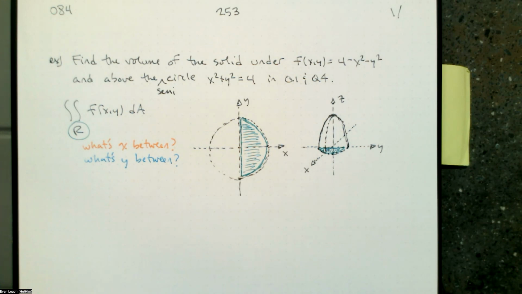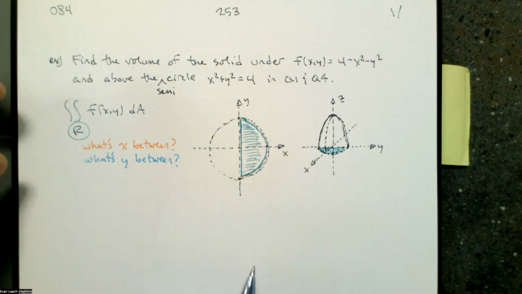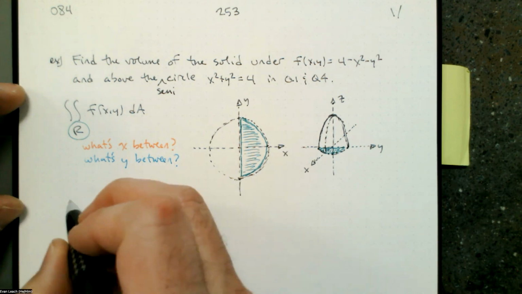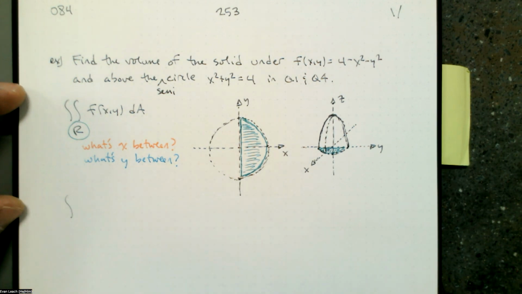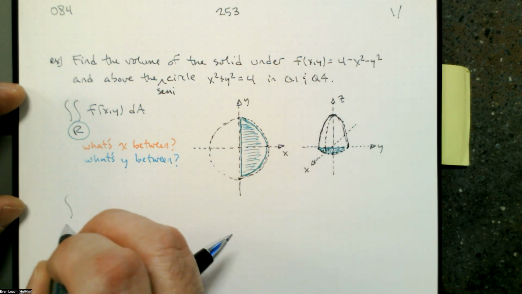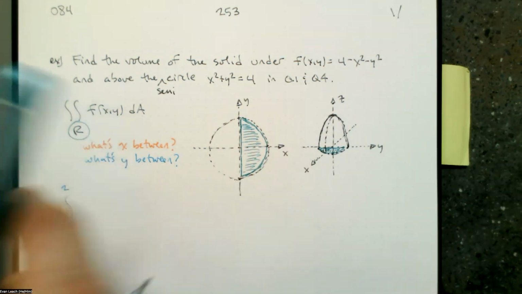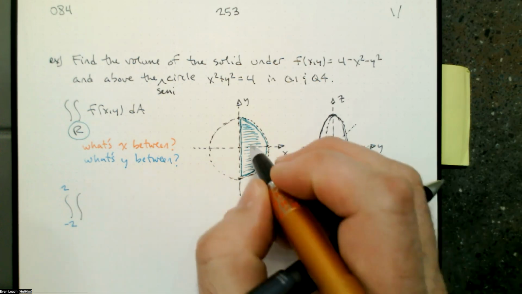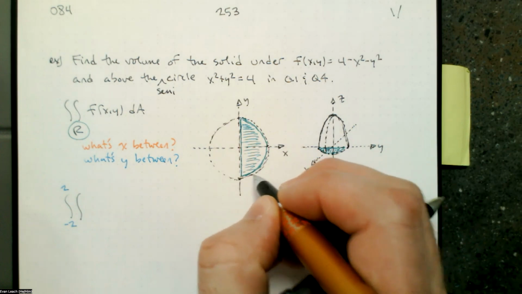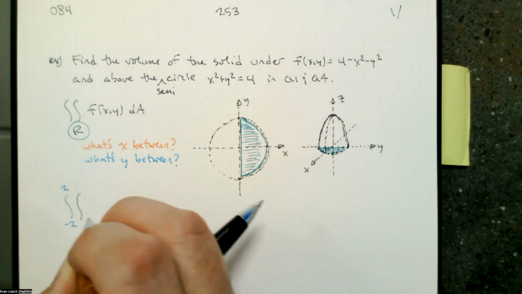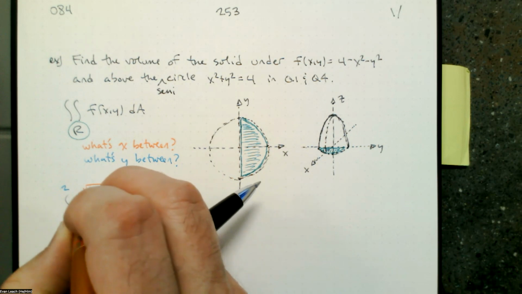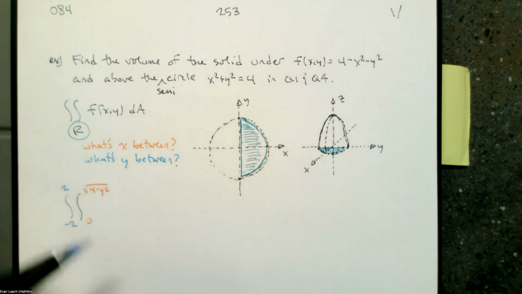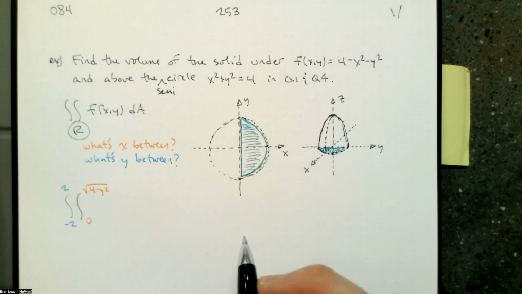And so we came up with two different double integrals. One was a dx dy integral, where y went from -2 to 2. When y is going from -2 to 2, x is going from 0 to the plus square root of 4 minus y squared. And then we integrated the function 4 minus x squared minus y squared. This was the height above the xy plane.